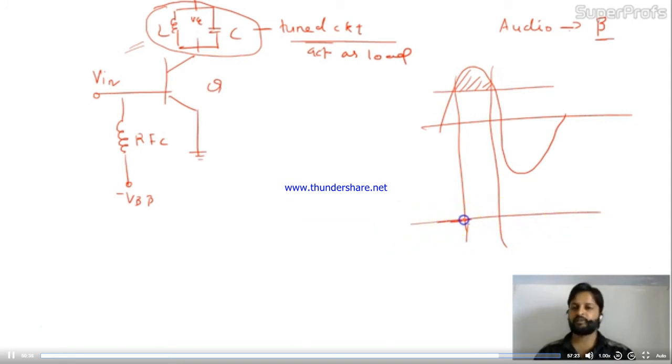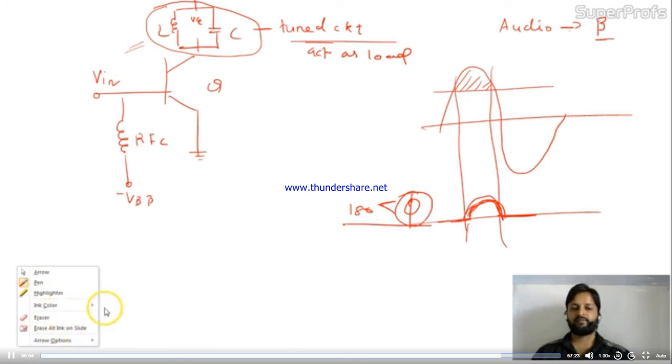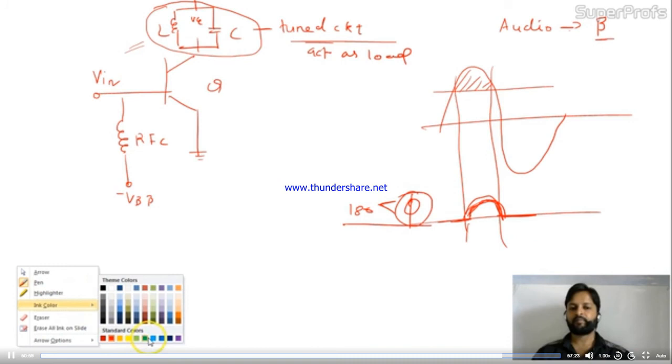So at the output I'll get only this much of the portion. Below 180 degree, the phase. For class A, later we'll discuss this. So this phase angle is below 180 over here, and this phase angle we also call the conduction angle. It means that only for this portion will it conduct.